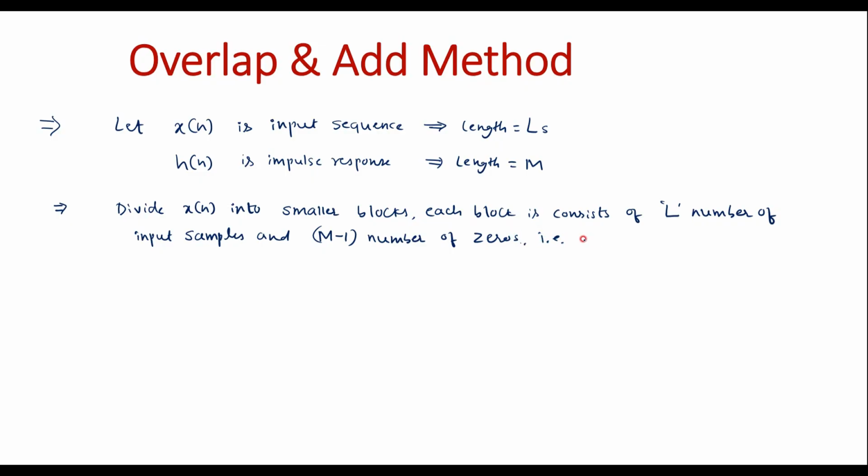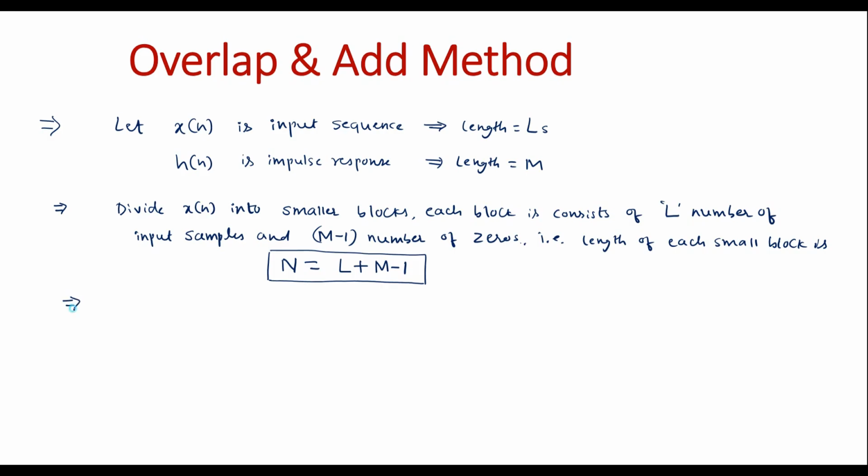That is, length of each small block is N is equal to L plus m minus 1. So as I said, x of n will be divided into smaller blocks. The length of each block is N, that is it consists of L number of samples and m minus 1 number of zeros.